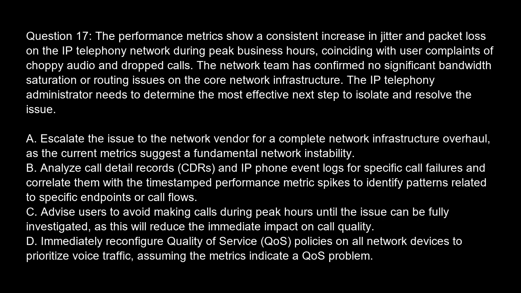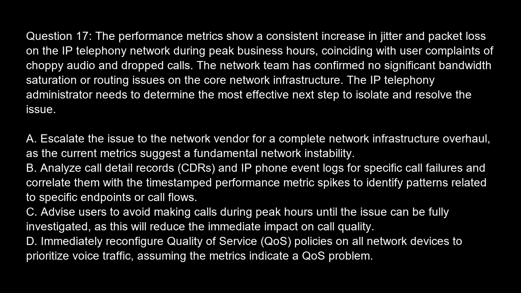Option A. Escalate the issue to the network vendor for a complete network infrastructure overhaul, as the current metrics suggest a fundamental network instability. Option B. Analyze call detail records (CDR) and IP phone event logs for specific call failures, and correlate them with the timestamp of performance metric spikes to identify patterns related to specific endpoints or call flows.